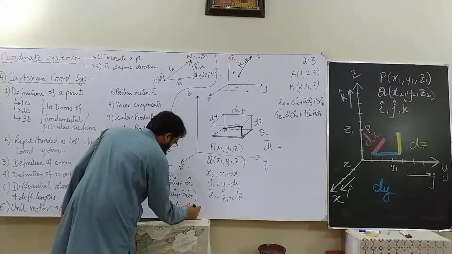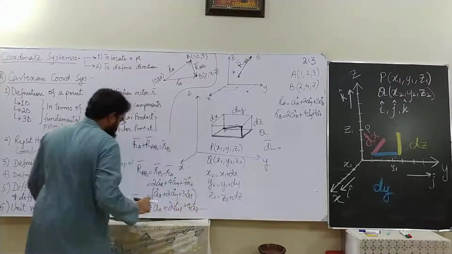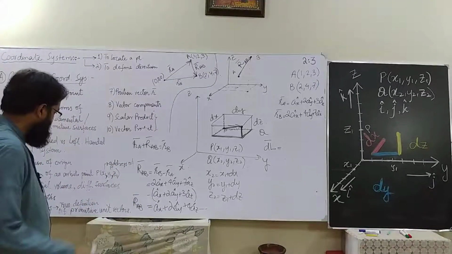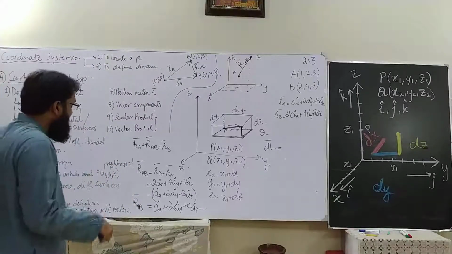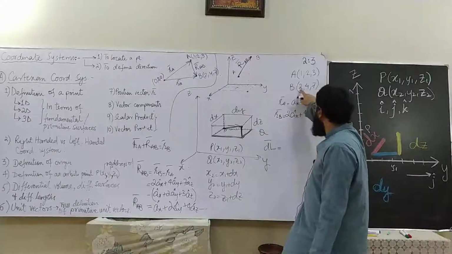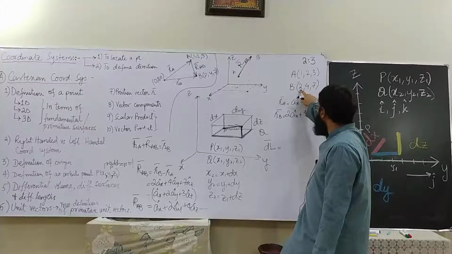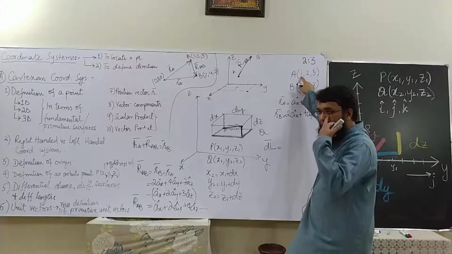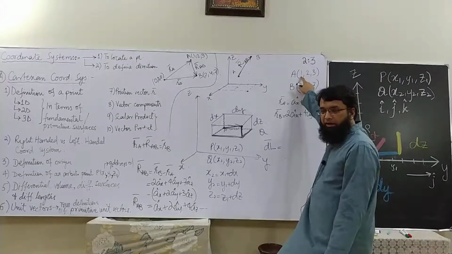This is the answer. In other words, what we have done is taken the respective components of B and subtracted the respective components of A.